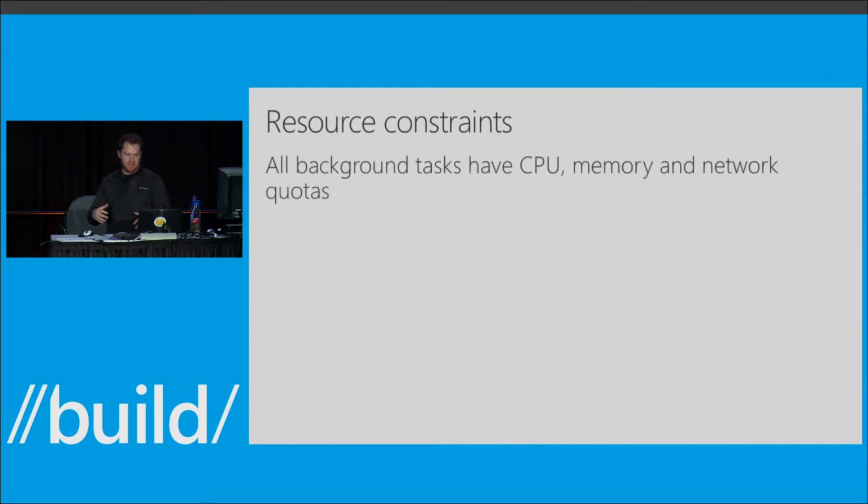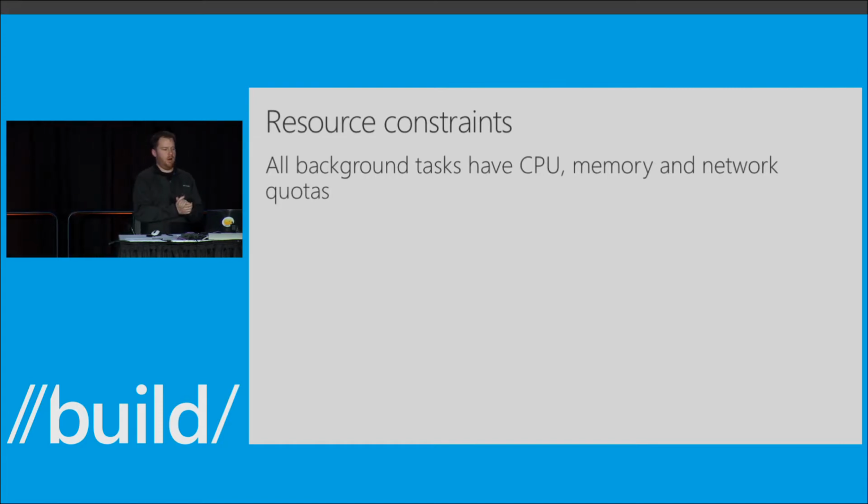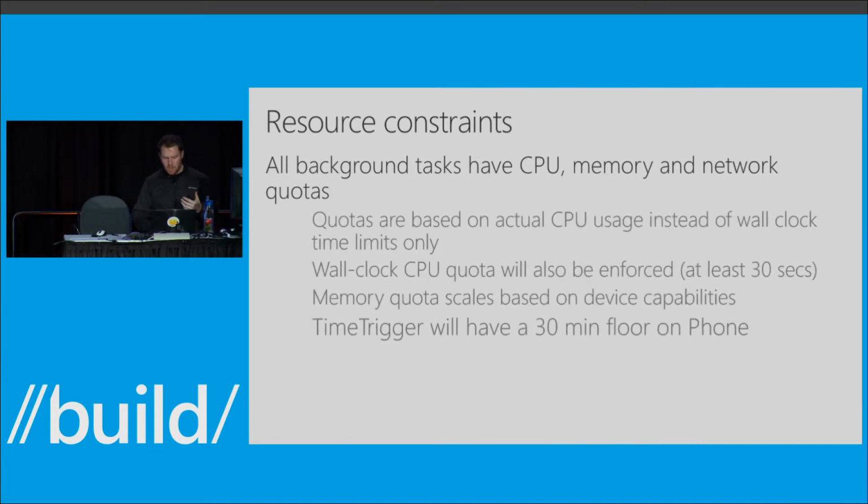Sort of related to Battery Saver, I just want to talk a little bit about resource constraints. As you're probably familiar with, on Windows Phone and also on Windows, all background tasks have CPU, memory, and network quotas. Windows uses a CPU clock mechanism to measure how long you're running in the background, whereas on Windows Phone we used a wall clock mechanism, so you got that 25 seconds, whereas on Windows you get a certain number of CPU seconds.